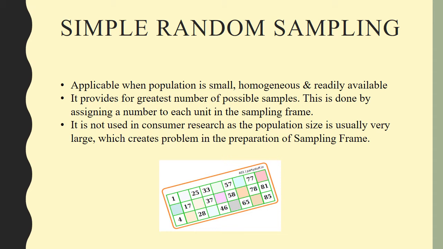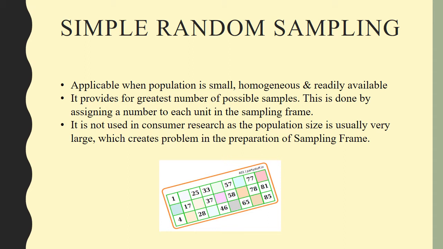Here under simple random sampling, as I discussed in the earlier part of the video, I said there is not an equal chance in probability sampling in general. But in simple random sampling, there is an equal probability of getting selected. It provides for the greatest number of possible samples.